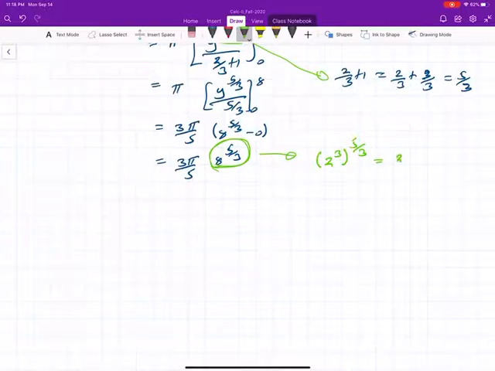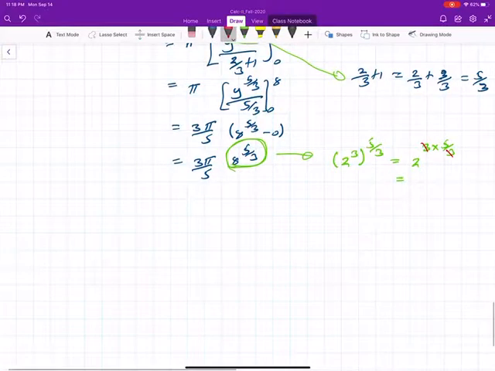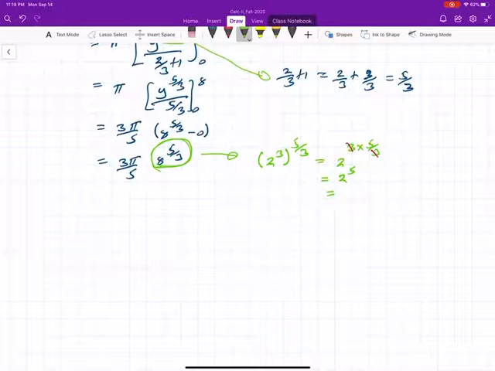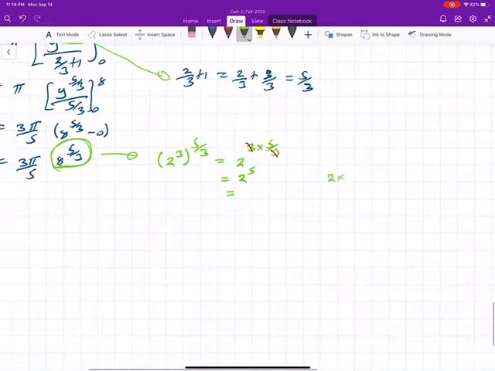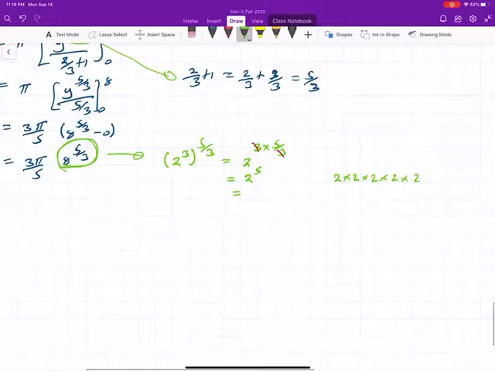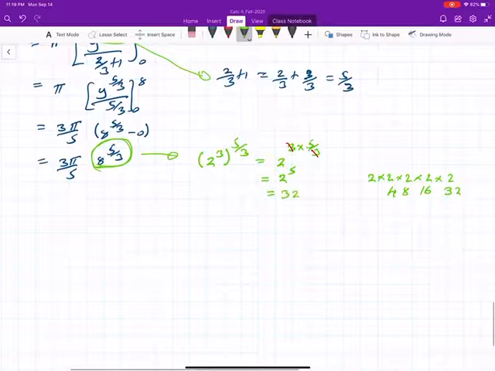So you can write this as 2 to the 3 multiplied by 5 over 3. Then you can cancel that 3 with that 3, and this should be 2 to the power 5. What is 2 to the power 5? 2 times 2 times 2 times 2 times 2: 2 times 2 is 4, 8, 16, 32. This is 32.